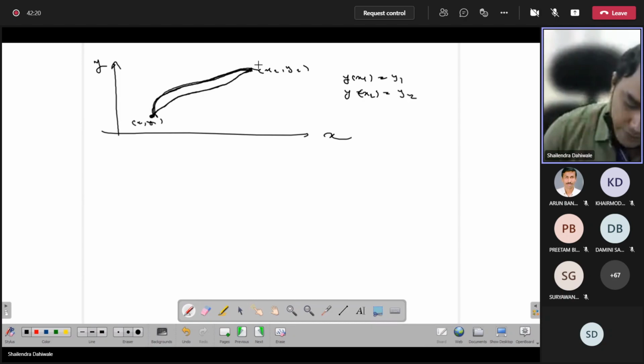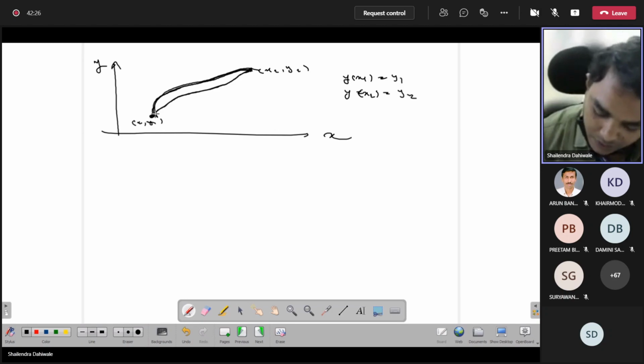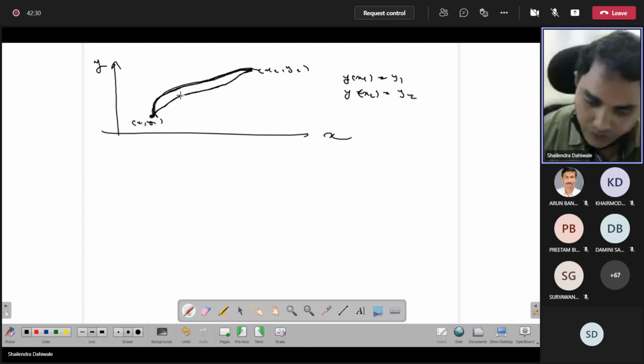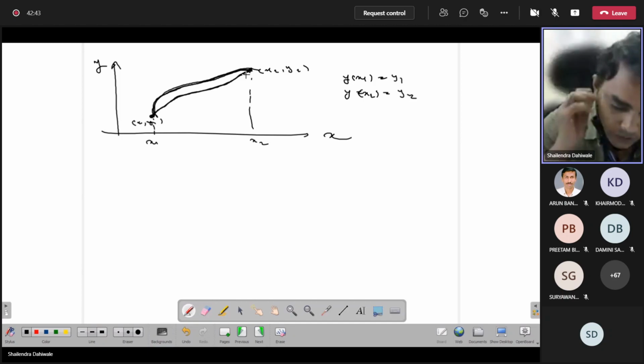So to prove this, let us consider the nearest neighbor path, as I chose like this. There are infinite number of paths you can choose between x1 and x2, but we will show that the actual one follows the least possible path.